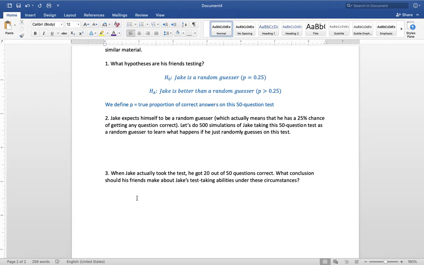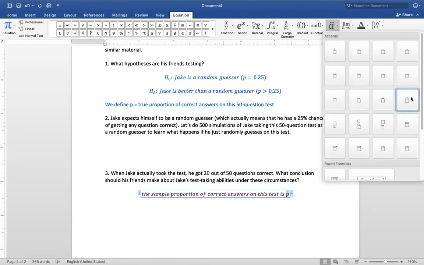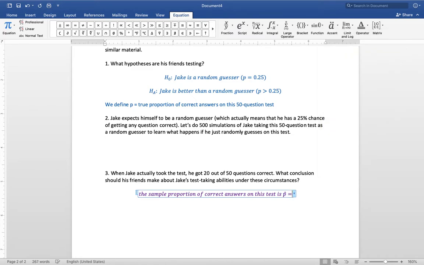So we call that the sample proportion. P hat, the sample proportion of correct answers on this test, we write as P with a hat, is equal to 20 out of 50, which is 0.40, which is 40%.